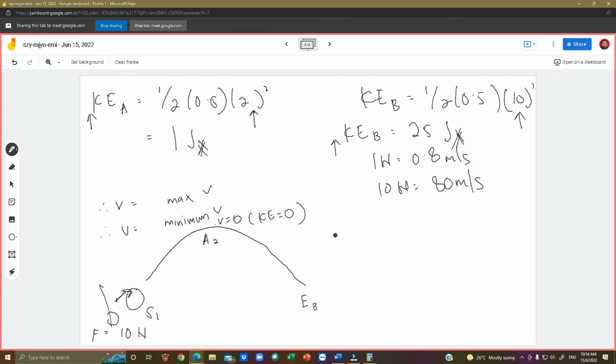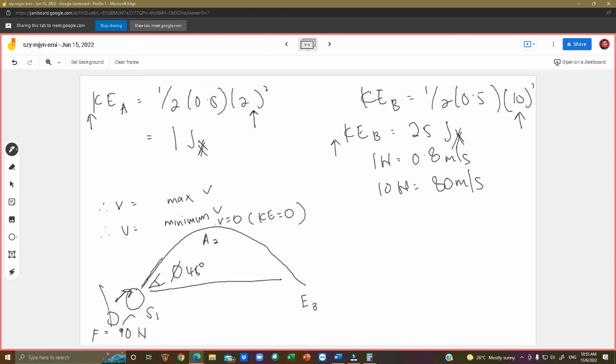Okay, itu pertama. Yang kedua, kamu kena faham, when we use projectile, means we are going to kick the ball within an angle. Okay. So, if the force being given is 10 Newton to the ball, and the angle of attack for this ball, let's say, is 45 degree.